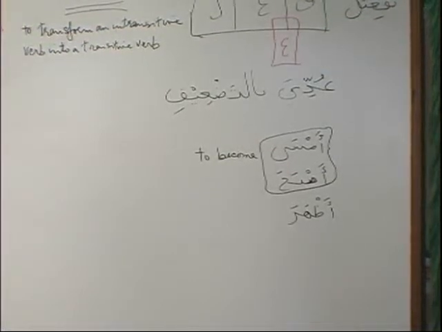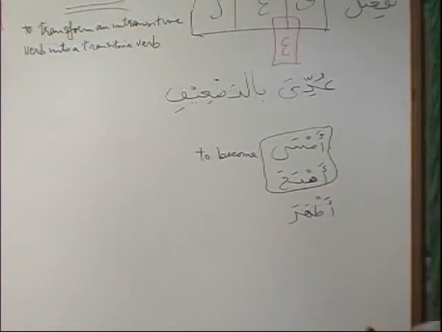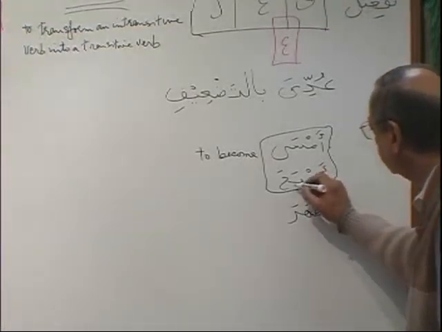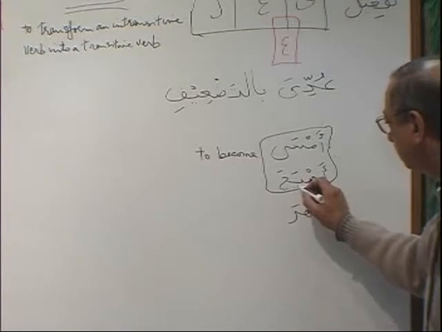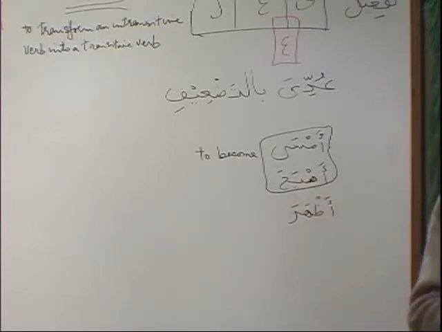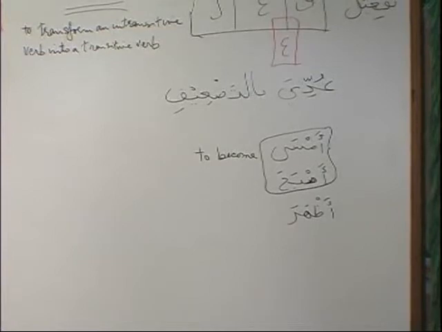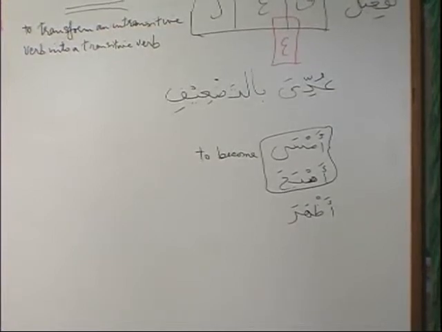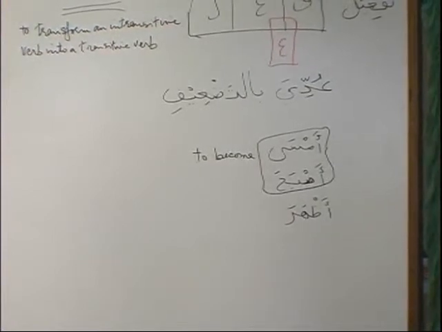Are you with me? So, amsa and asbaha, brothers and sisters, depending on what meaning we are using, we can have fa'il or ism. If you use it as the meaning of to become, then we will have ism like kana and khabar. But if you only use to enter, then it means you will have a fa'il.